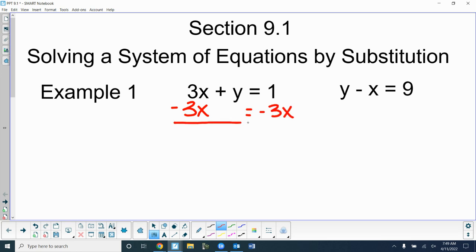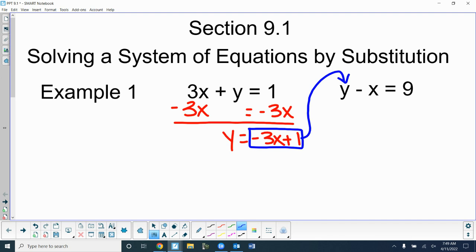You can write 1 minus 3X, or you can write negative 3X plus 1, but those aren't like terms, so I just have to write that out. Now I have to take that negative 3X plus 1 and substitute it for Y in the other equation.